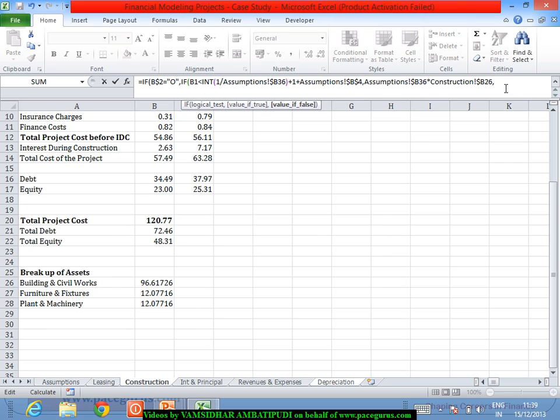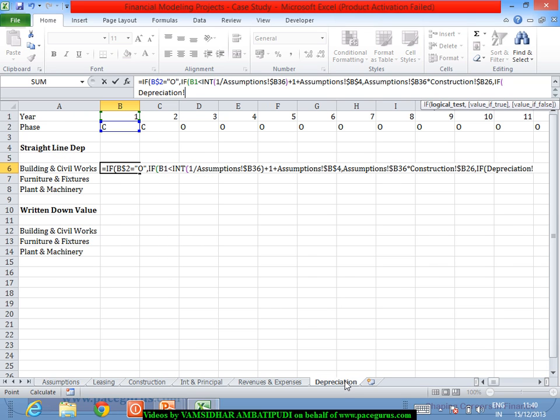Otherwise, the same logic, probably the same thing I can use, if this particular year number is greater than, or we can do it equal to or even greater than, either way.